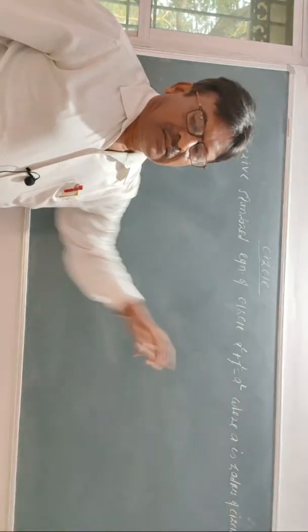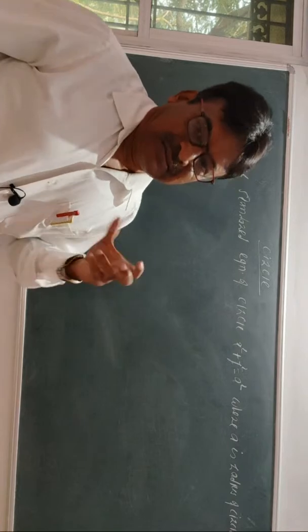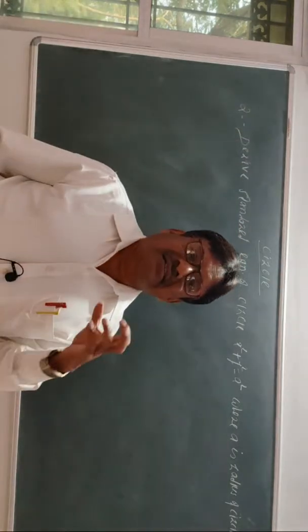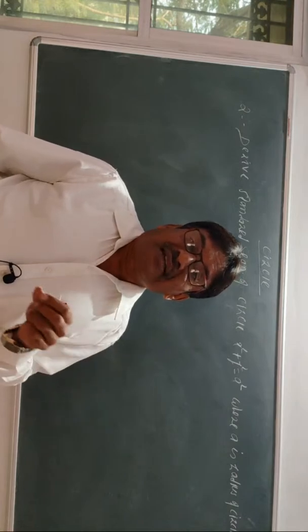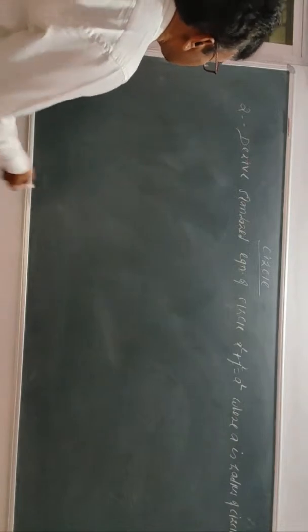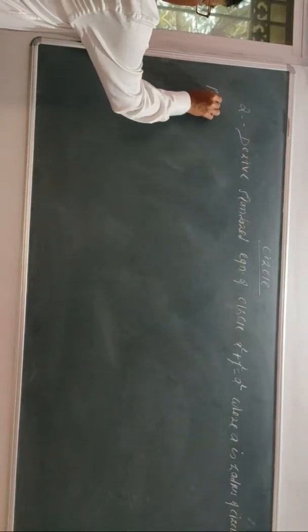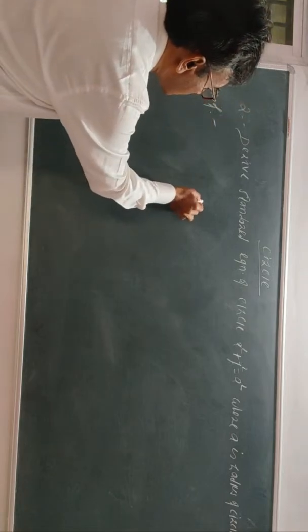of the circle. So first we draw the standard circle. We know the definition of the standard circle: a circle with center at origin is called a standard circle. First we draw the circle.